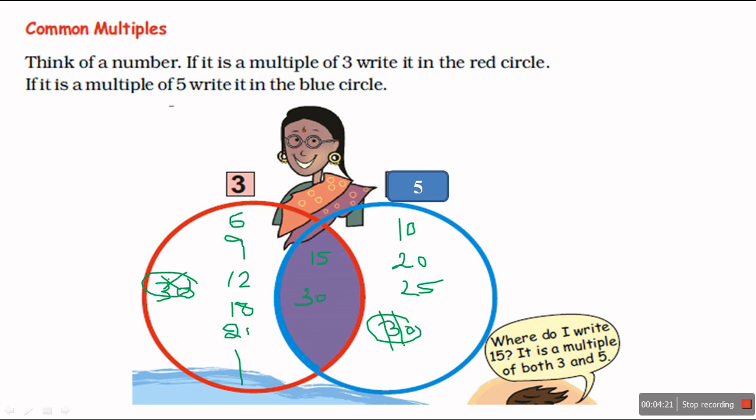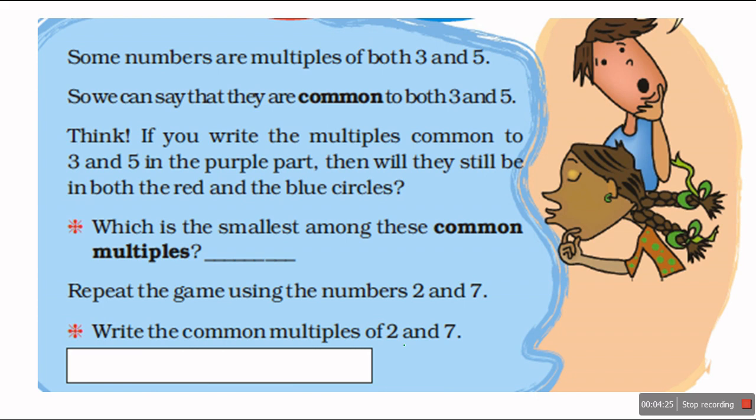Let us move next. Some numbers are multiples of 3 and 5, like we have seen 15, 30, 45. So we can say they are common to both 3 and 5. If you write a multiple common to 3 and 5 in the purple part, then it is in both.